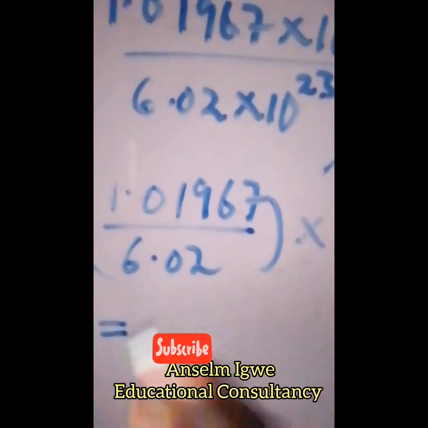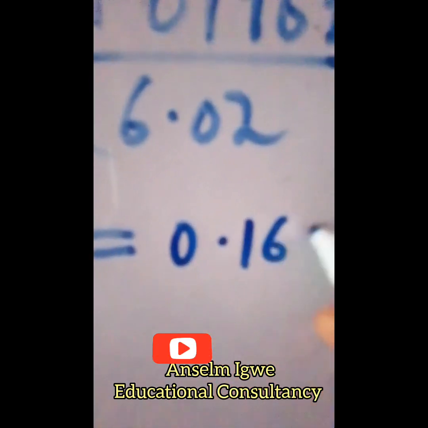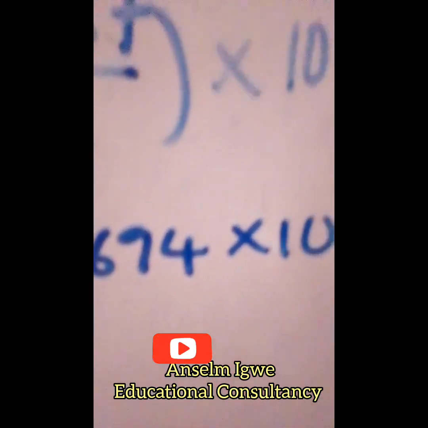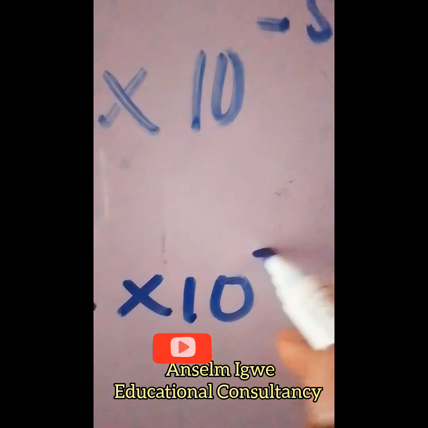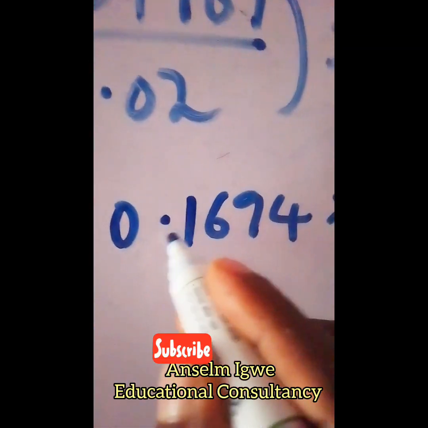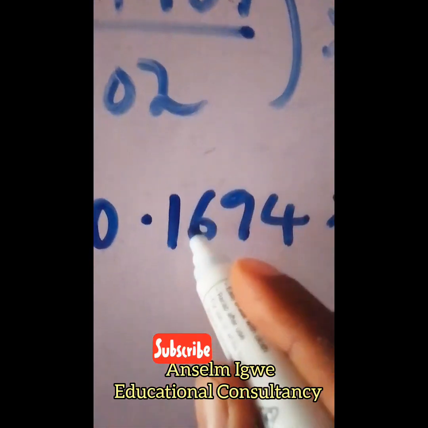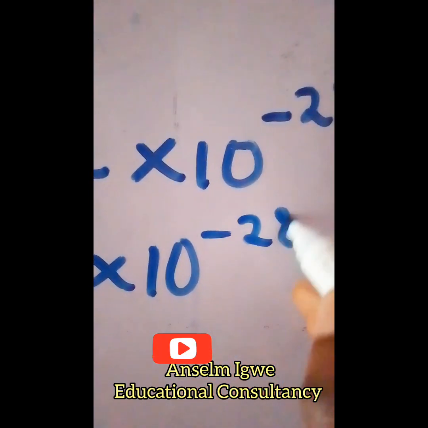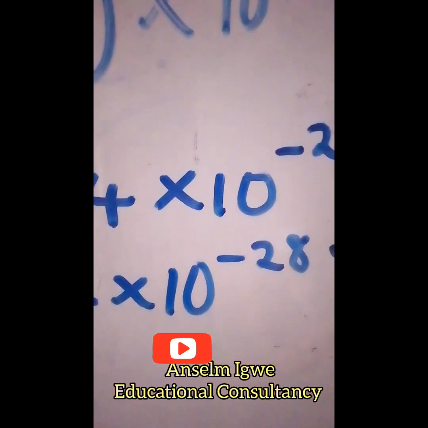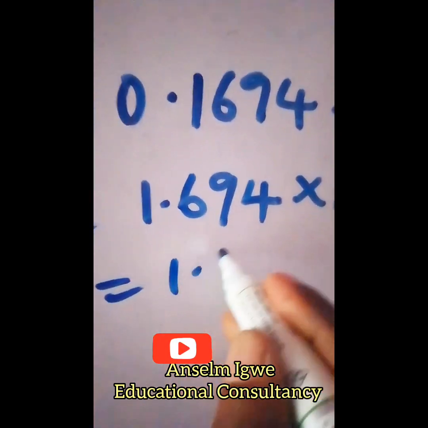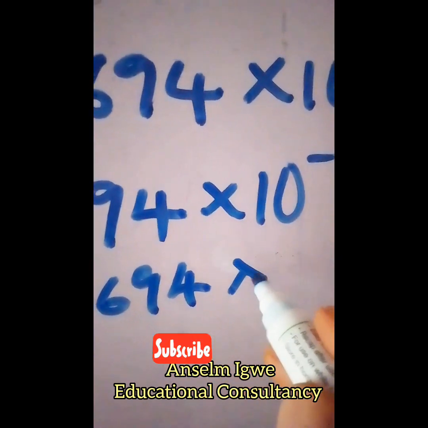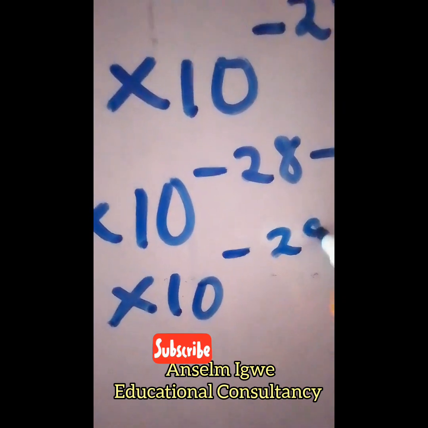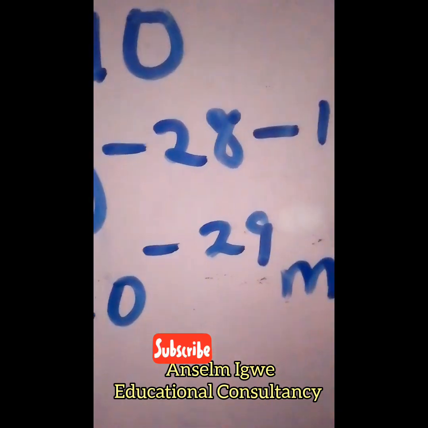So what do we have? Approximately 0.1694 times 10 raised to the power minus 5 minus 23, which is minus 28. To have a proper standard form, shift the point to the front of 1: we have 1.694 times 10 raised to the power minus 29 cubic meter, because you shifted to the right, you remove 1.